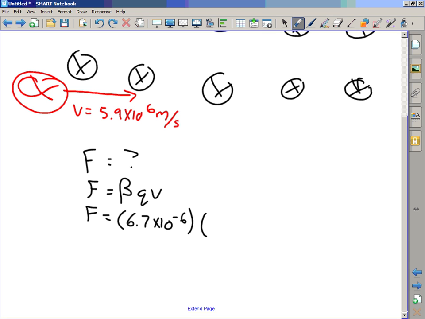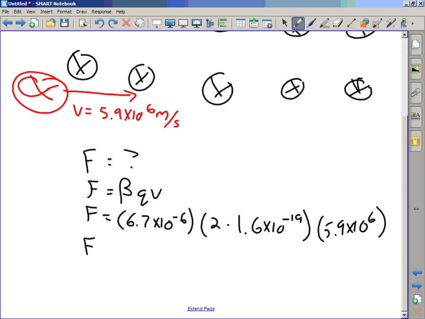That means 2 protons. The charge here is 2 times the charge of a proton, 1.6 times 10 to the negative 19th, right? 2 times that, times its velocity, 5.9 times 10 to the 6th.